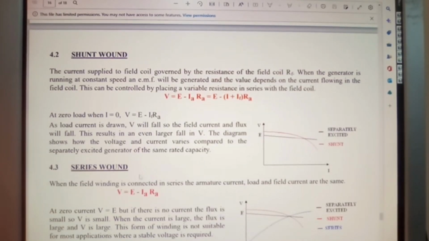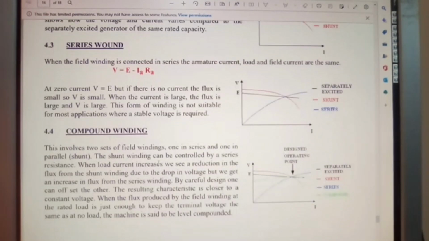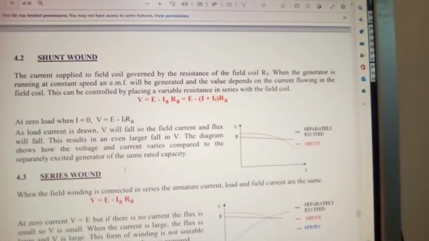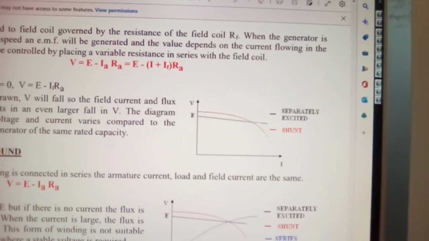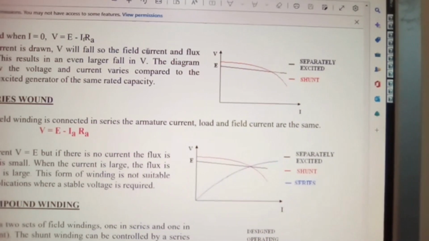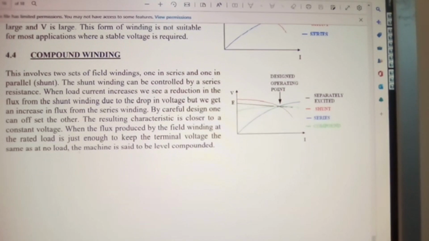Shunt round, series round, now compound round, etc. Now let's look at this a second. I don't want these to be too out of focus.